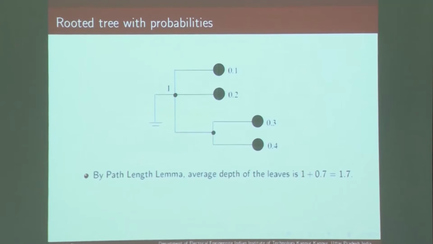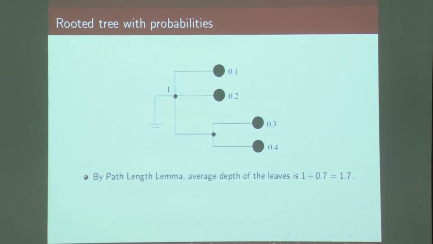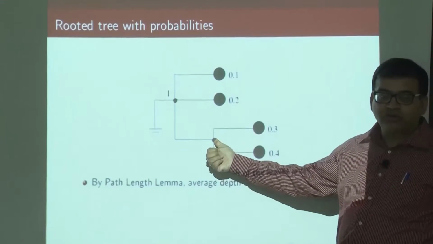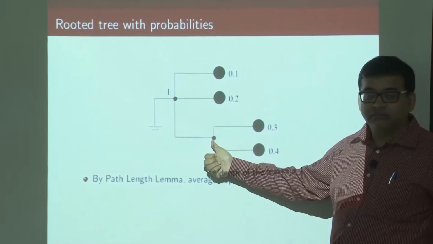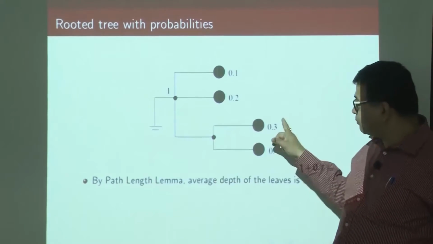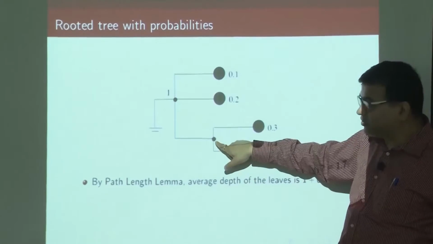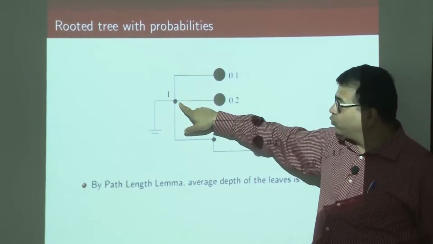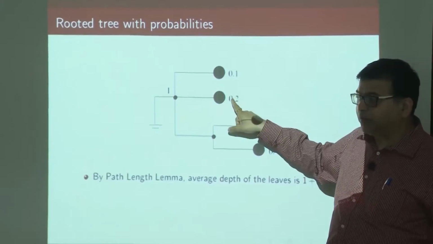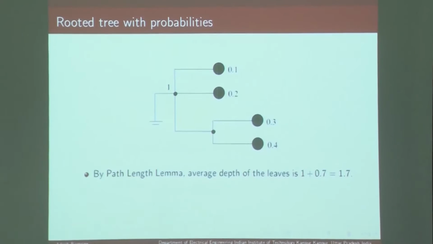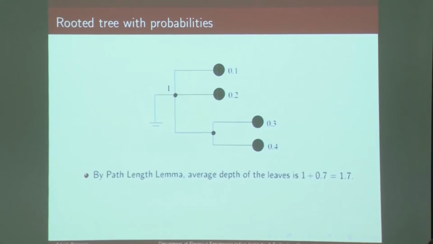Now let us use the path length lemma. So this is a rooted tree with probability. What is the probability of this node? 0.7. This is the probability of this plus this. What is the probability of the root node? 0.1 plus 0.2 plus 0.7, that is 1. Now apply the path length lemma.